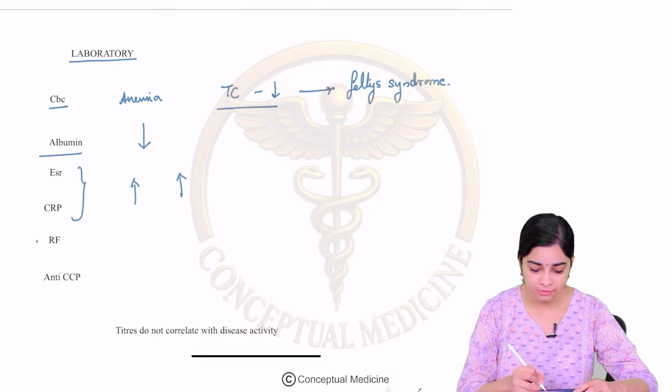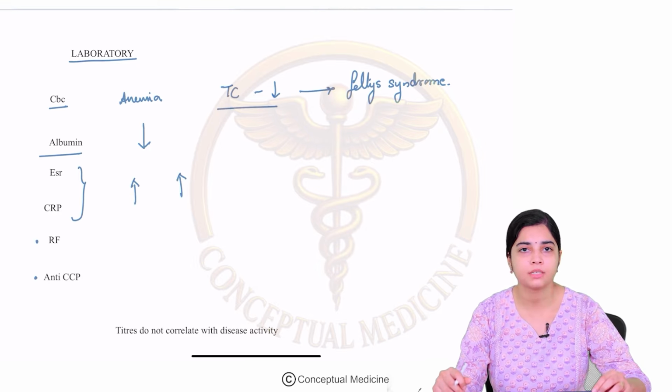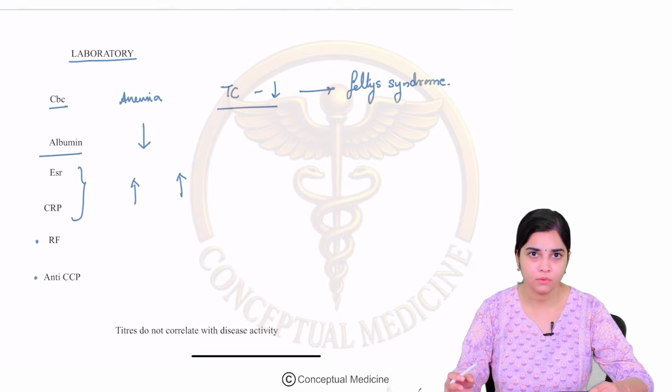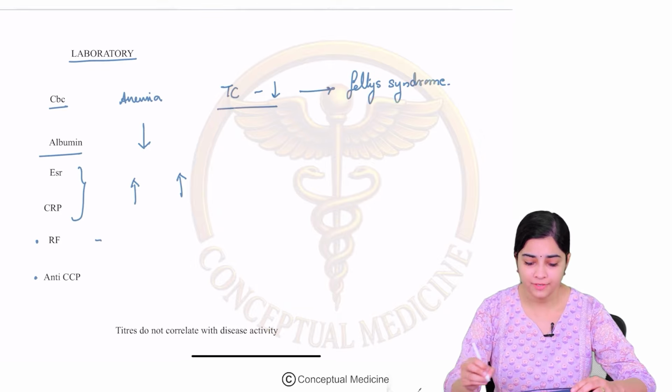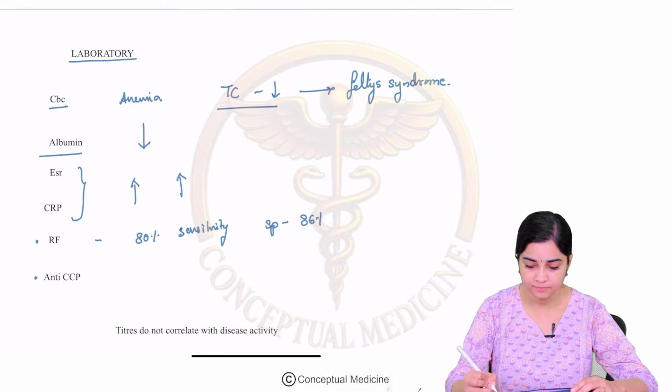Then you have two important serological markers which are useful in the diagnosis of RA. One is rheumatoid factor and the other is the anti-CCP. Okay, so let us look at rheumatoid factor. Rheumatoid factor has a sensitivity of around 80% and a specificity of around 86%, right?